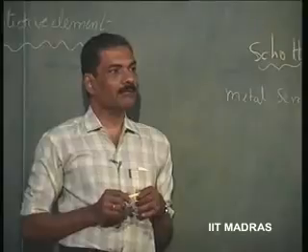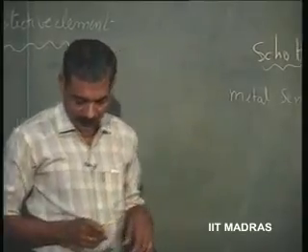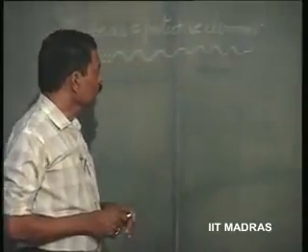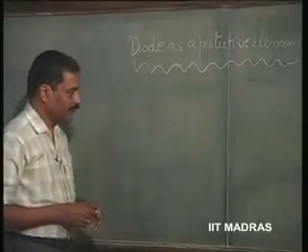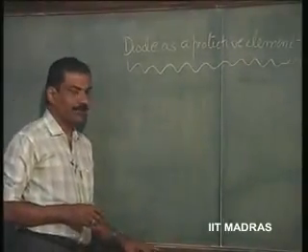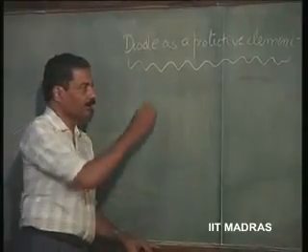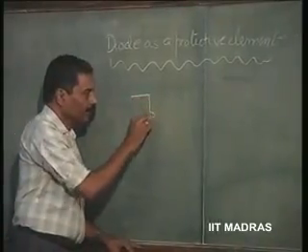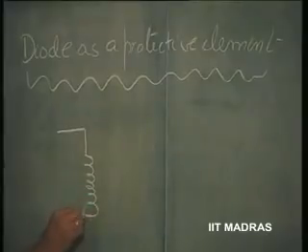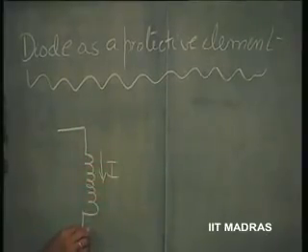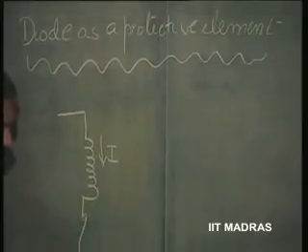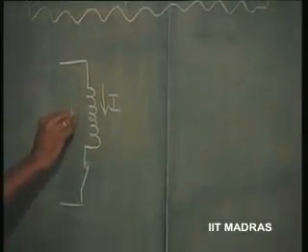We have some typical applications in power, where a diode is used as a protective element. I would like to elaborate a little bit here. We have an inductor L, let us say, in which a current I is flowing because the switch is closed.